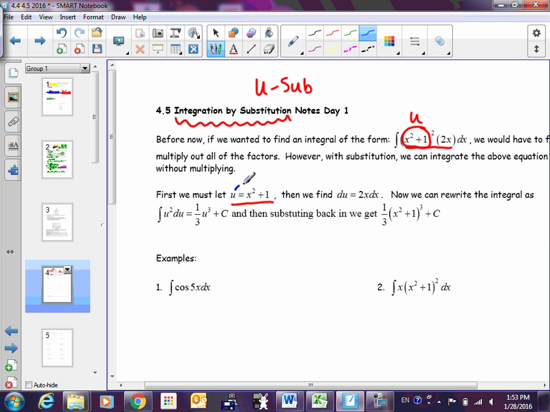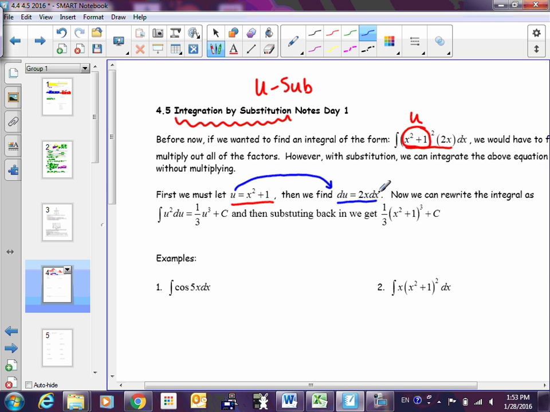Okay, now moving from this piece to this piece. Do you see how we can say the derivative of u is du? Does that make sense? All right, and then we'll take the derivative of the other side. So what's the derivative of x squared plus 1? 2x. Now writing this dx here is not going to be as intuitive.